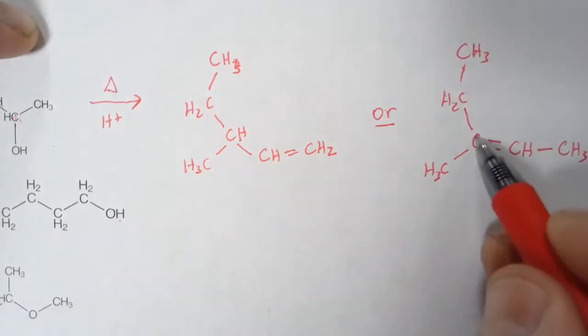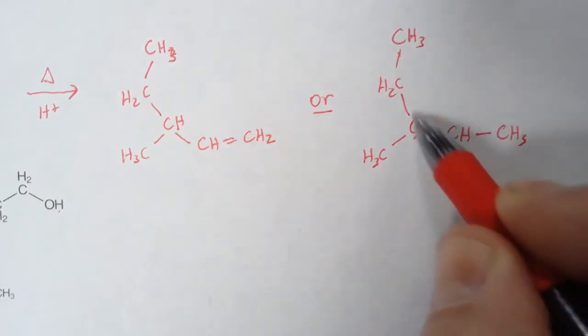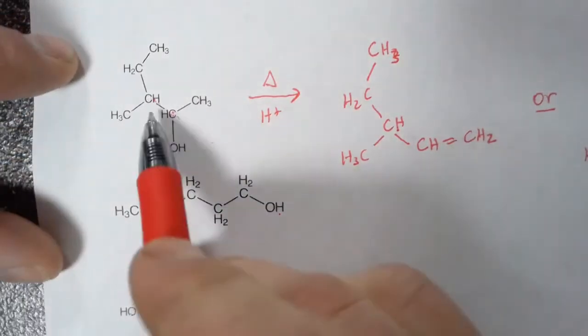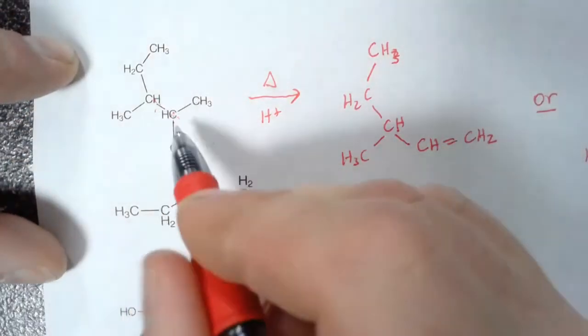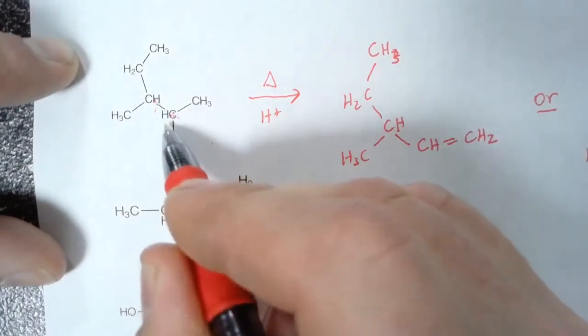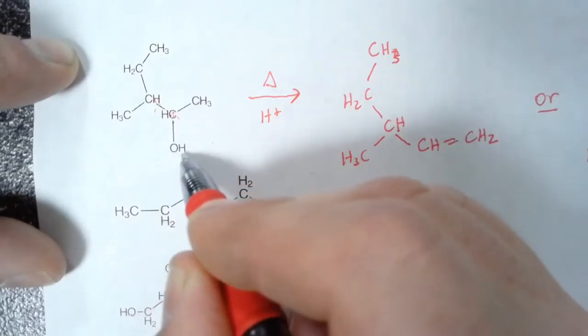Okay, so there's no H on this carbon because it's got 1, 2, 3, 4 bonds here. So again, just going back to this structure, the double bond could show up here or it could show up here. It has to be connected to the carbon that had the OH on it.